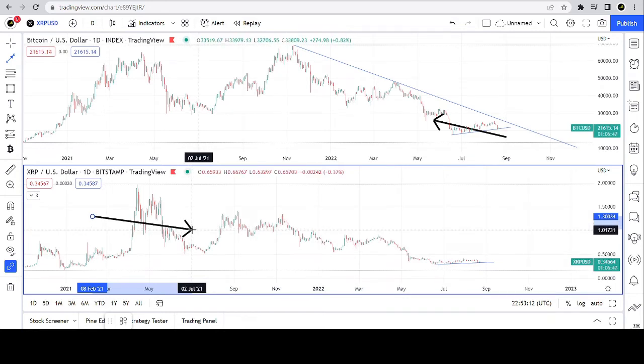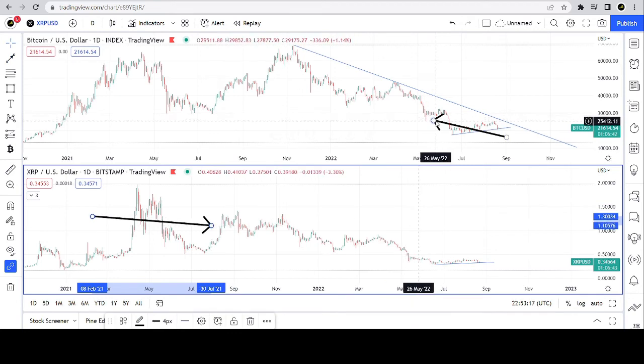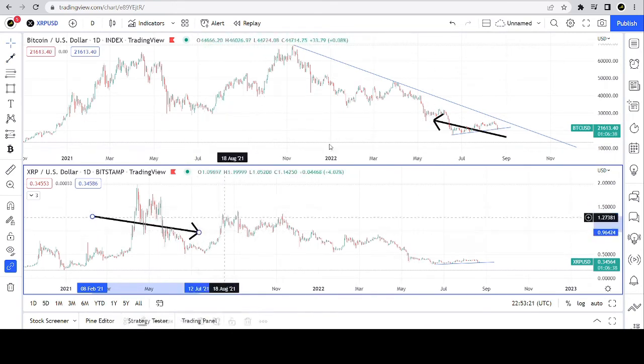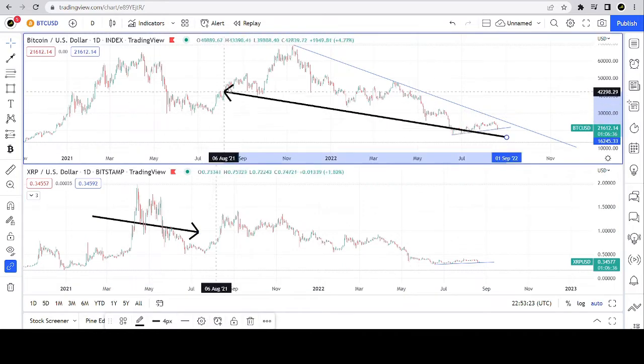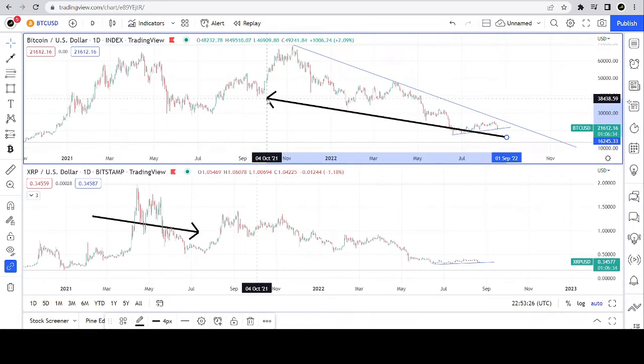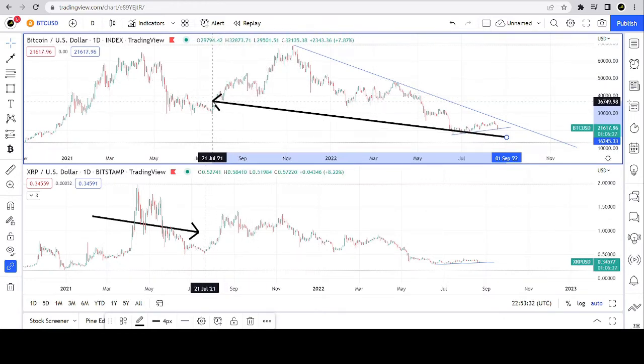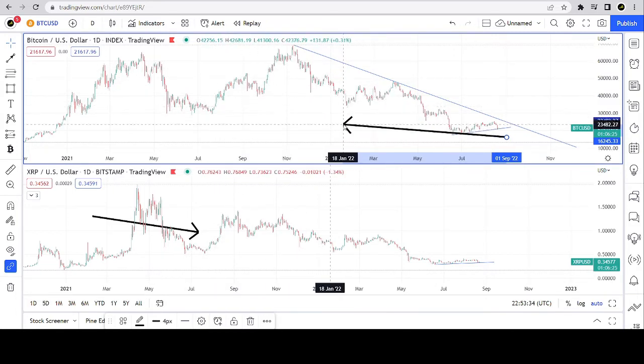What I find interesting in this structure when compared to the Bitcoin structure is that this point right here actually corresponds to this wave right here, which makes me reconsider, or at least think twice about, the current belief I've had that this is wave 1.